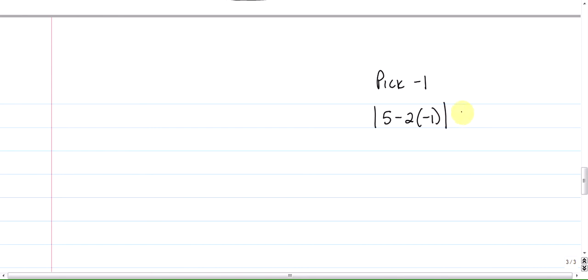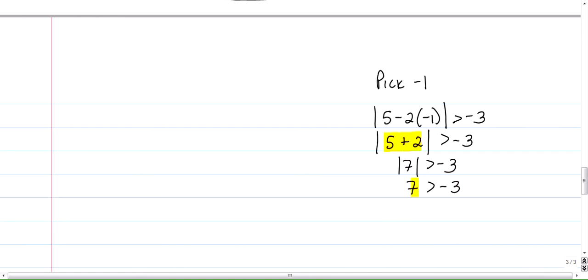Absolute value of that whole quantity is greater than -3. 5 plus 2 greater than -3. Absolute value of 7 is greater than -3. So no matter what this junk becomes, it's going to have to come out positive, which is going to make it bigger than -3 because of the absolute value bars.